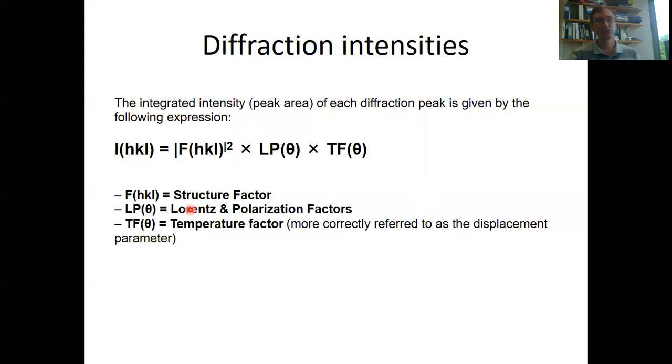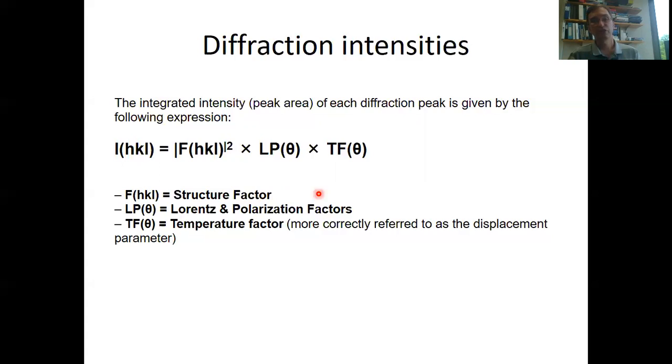When the angle is smaller, the lattice point enters under a smaller angle and therefore remains somewhat longer on the surface of the Ewald sphere in comparison to higher angles. And that influences the intensity, because the longer a lattice point in the reciprocal space stays on the surface of the Ewald sphere, the higher the intensity will be. So the Lorentz factor takes that effect into account.